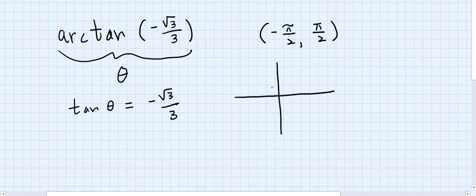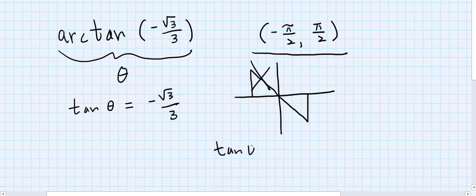Tangent is negative in the second and fourth quadrant. Therefore, based on the restriction, we have to ignore the second quadrant. So what is this angle right here? First of all, tangent of what is radical 3 over 3?